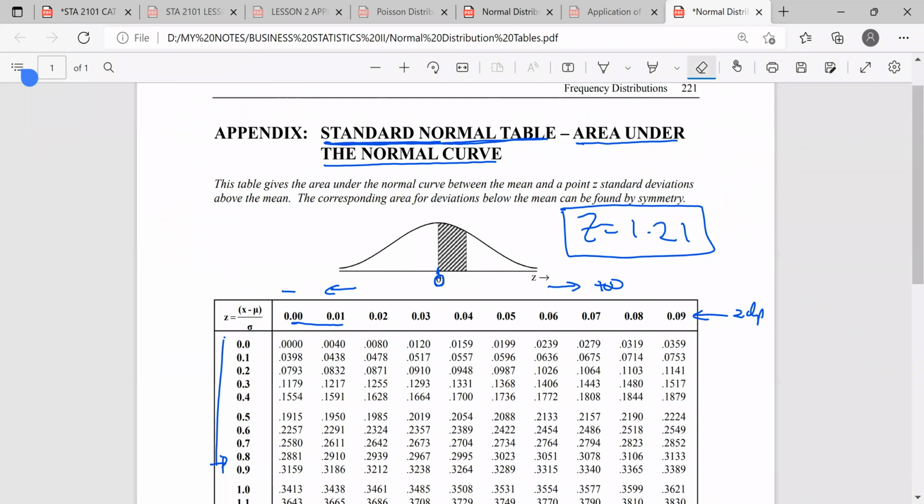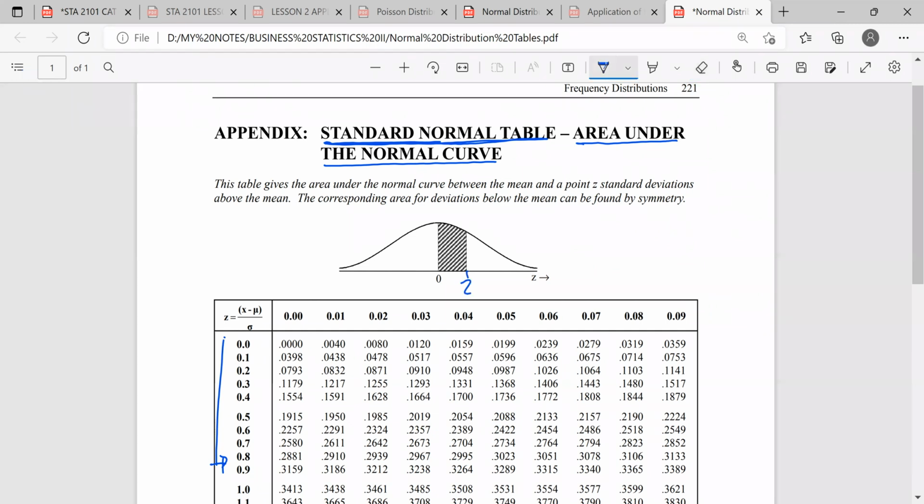Now, the tables shown here are giving the area from 0 up to a value z1 above 0. So these tables are giving the area from 0 to a certain point on the positive side, because if this is 0, then this is the negative side and this is the positive side.